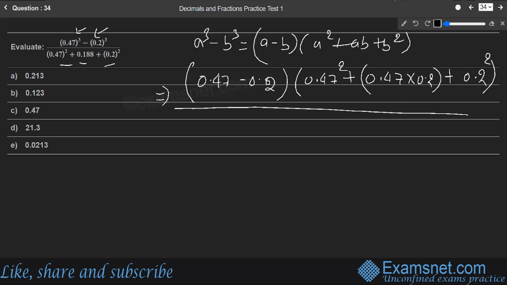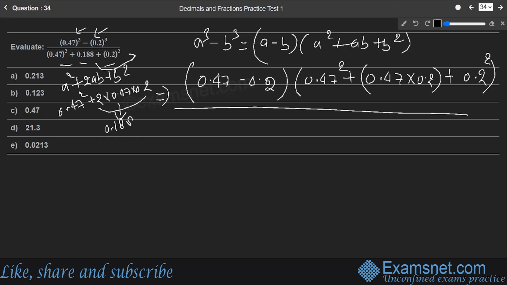The denominator looks like a whole square, like a square plus 2ab plus b square. This is 0.47 square, plus 2 into a, which is 0.47, into b, which is 0.2, and this product is actually 0.188.